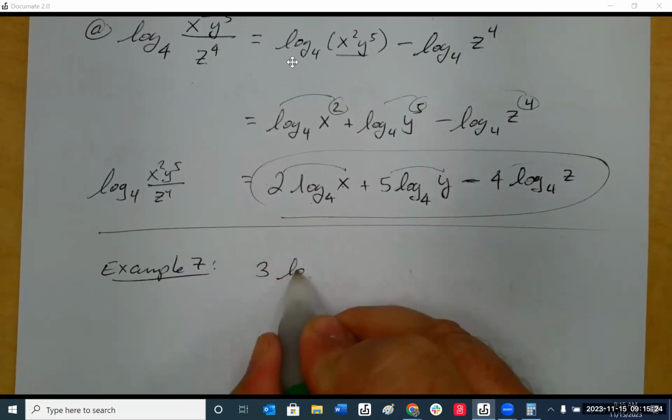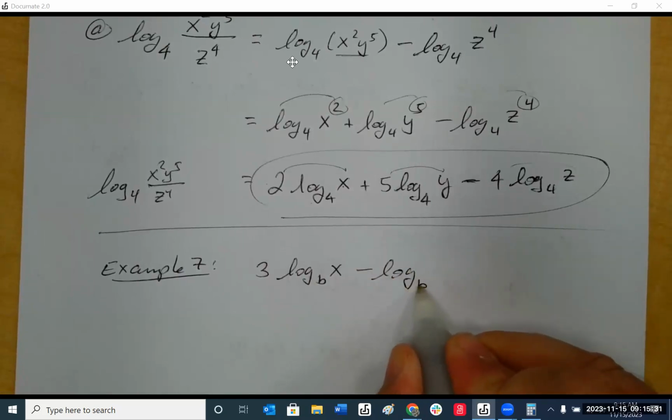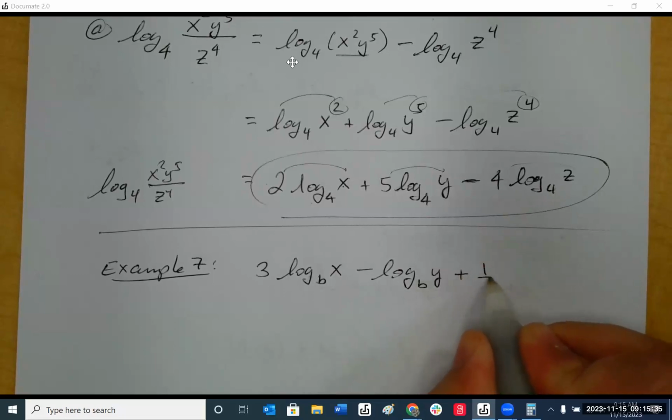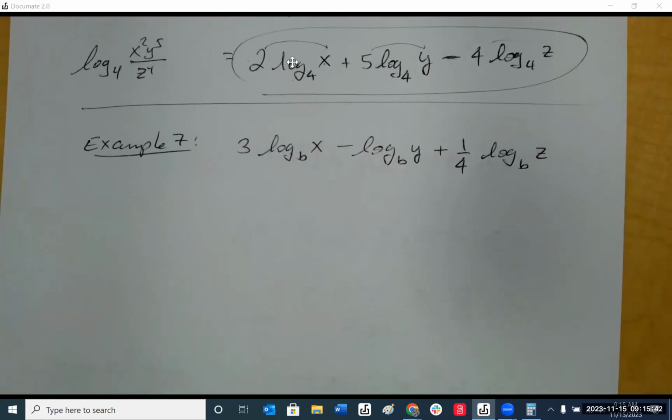Try this one. What's the first thing you're going to do? Get rid of the coefficients.